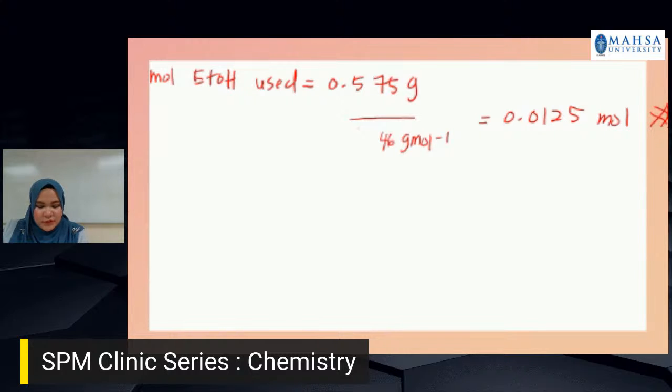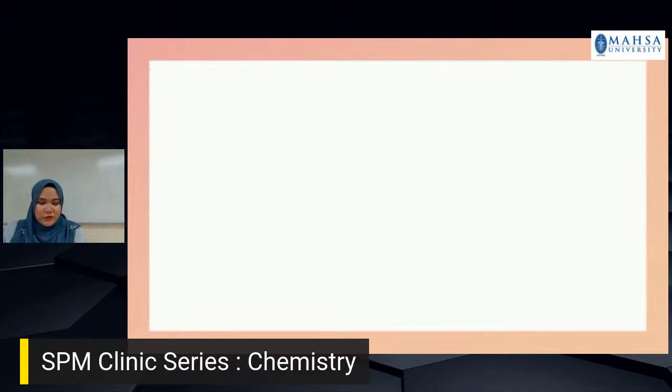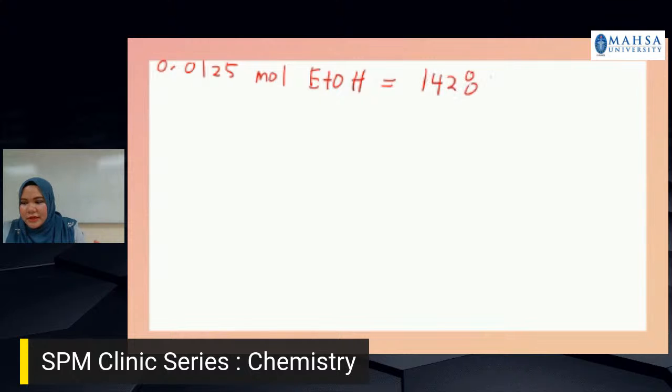So the last question for today is heat of combustion of ethanol. So how to find heat of combustion of ethanol? If you can see here, the question asks you regarding the ethanol. So therefore, every calculation is basically regarding ethanol, which is 0.0125 mole of ethanol equal to 14280 joule, which is the heat released during the chemical reaction.